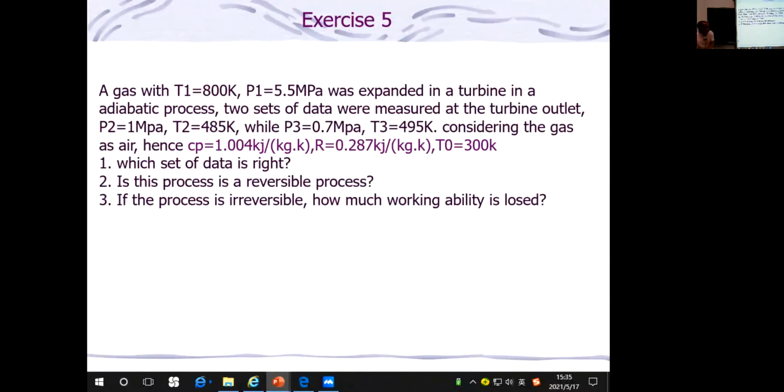Okay, maybe it's P2, P1, okay? So this means we can obtain the S, because we know state 1, state parameter, state 1, state 2, yes?